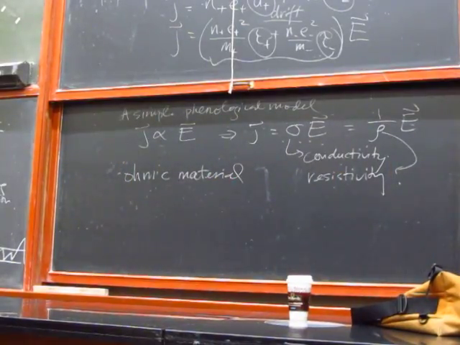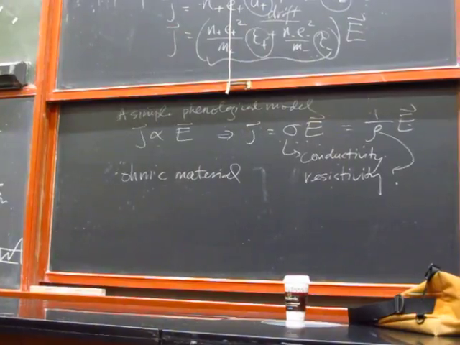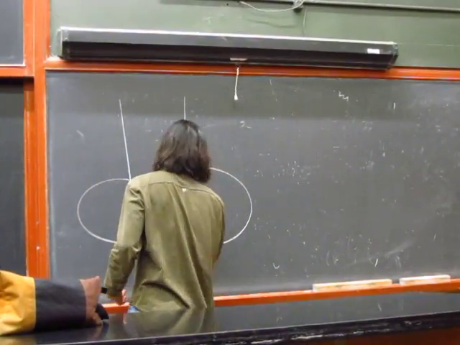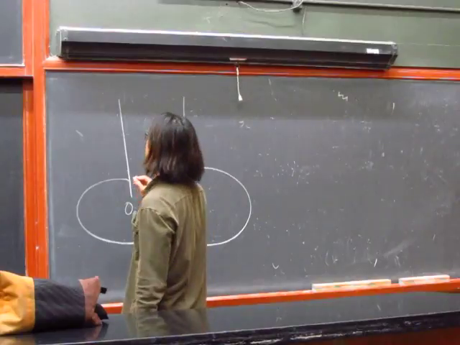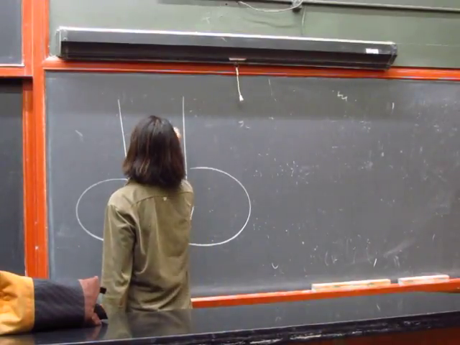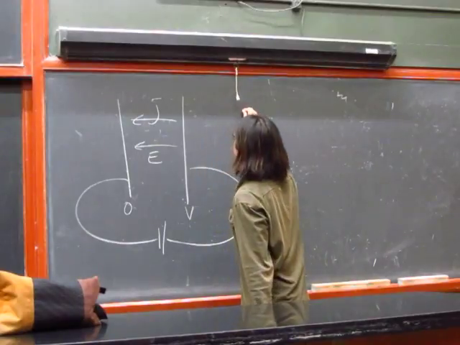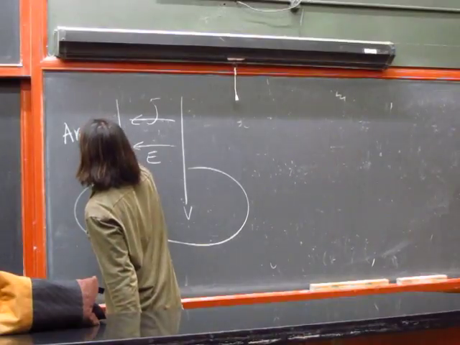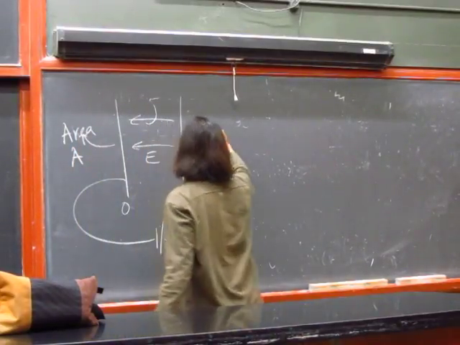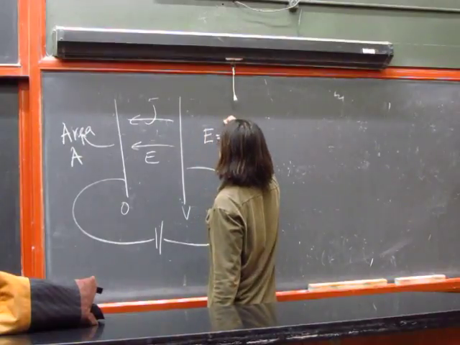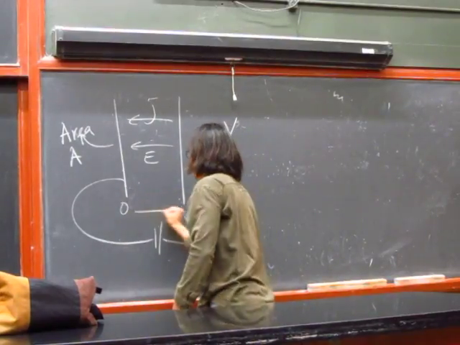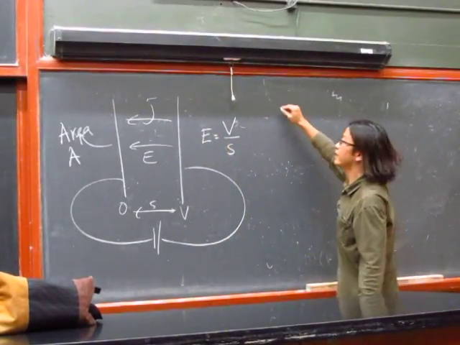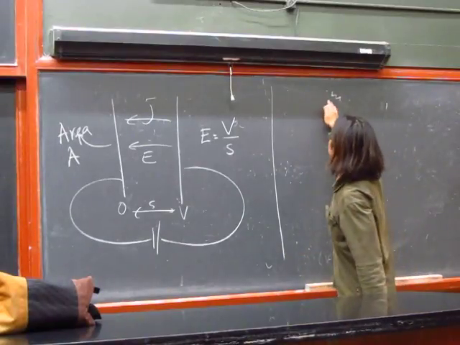Let's go back to our discussion of the dynamic solution in capacitors. You establish a potential difference V, this is 0, this is V, and then there's an electric field and a current density J. This capacitor has area A, and the electric field is given by the potential difference V over S. So I can define current.